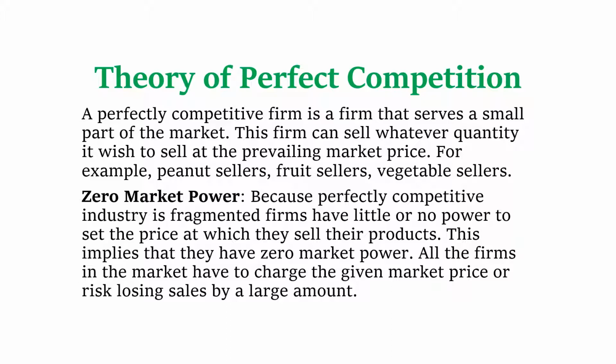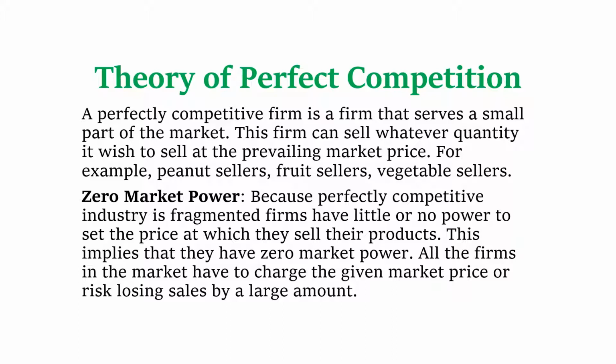Now, the firm has zero market power, because a perfectly competitive industry is fragmented in the sense that we have a large number of buyers and sellers. Because the industry is fragmented, firms have little or no power to set the price at which to sell their products.